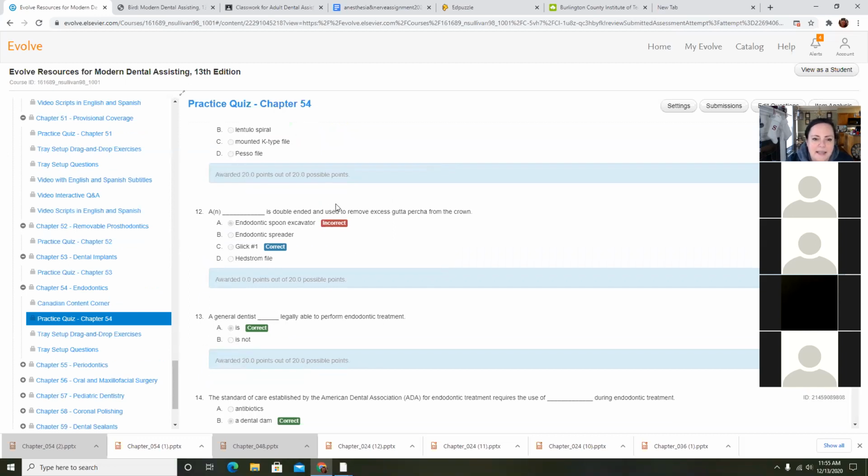A blank is double-ended and used to remove excess gutta percha from the crown. That's going to be a Glick. Let's look that up. I'm sorry, I don't typically teach endo or do endo.